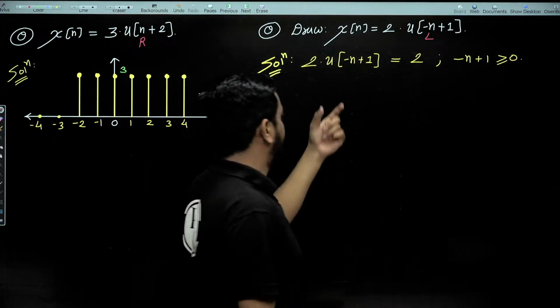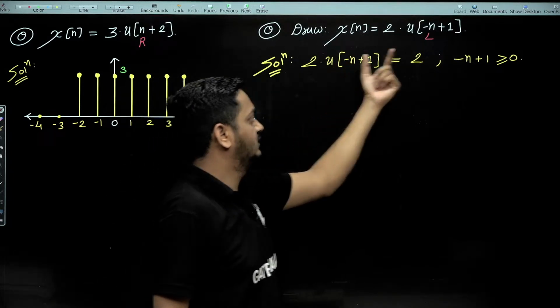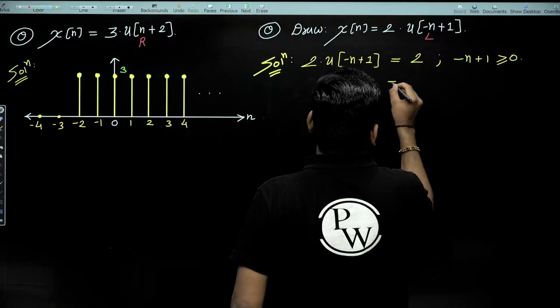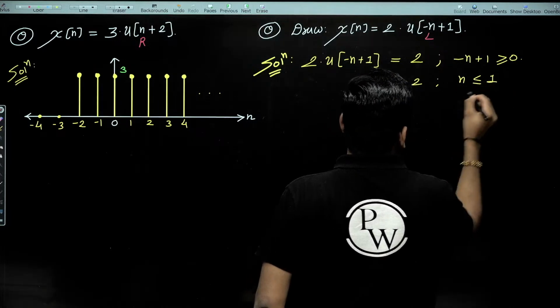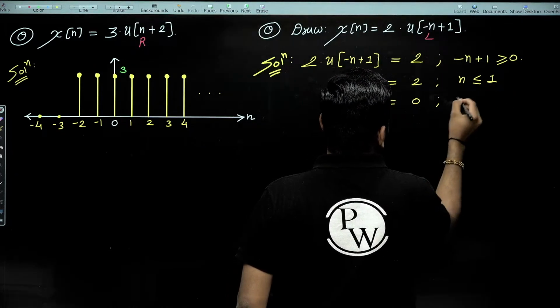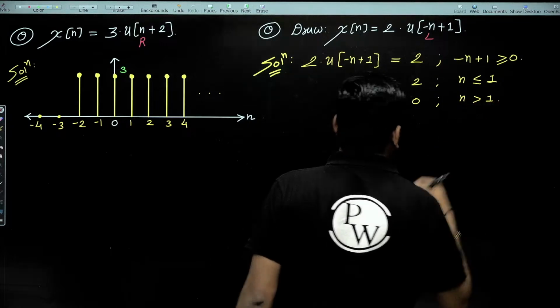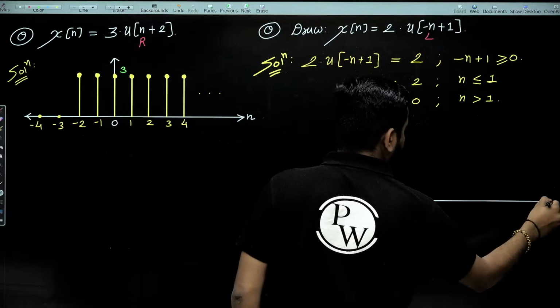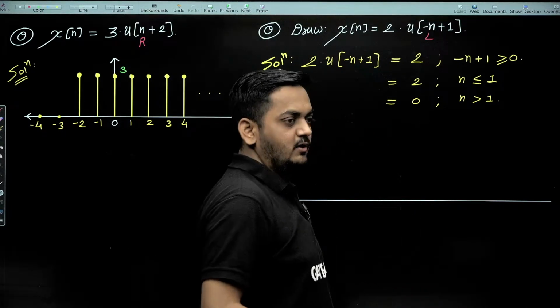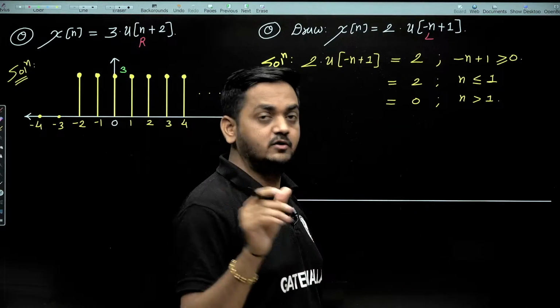Correct? You can see here it is 2 for n less than or equal to 1 and it is 0 for n greater than 1. Standard method you can follow, and shortcut also, guys. Shortcut is the same as I already told you for the continuous time signal.